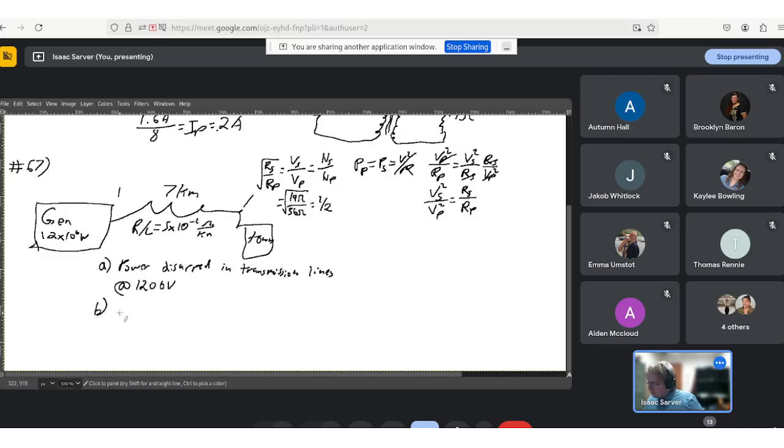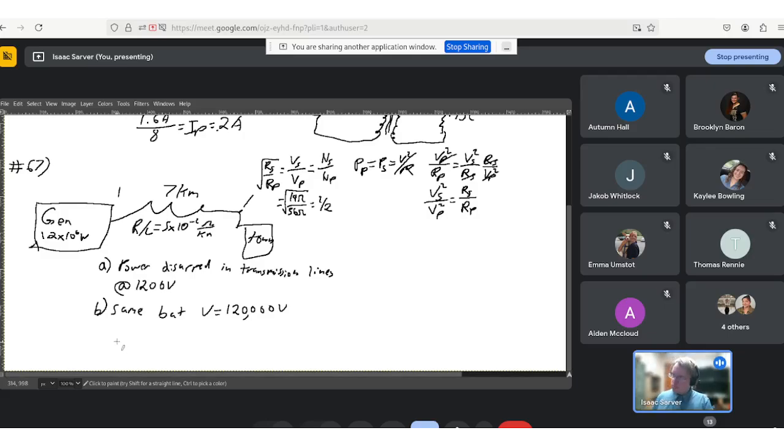B, a 100-to-1 step-up transformer is used to raise the voltage before the power is transmitted. Same question, but this time we're now transmitting at 100-to-1, so that's 1200 and some more zeros volts. So 120,000 volts.